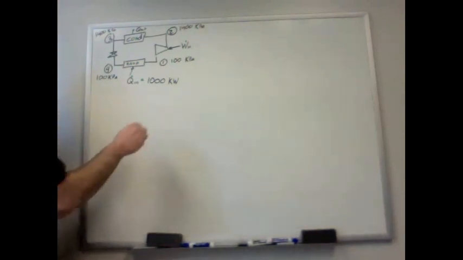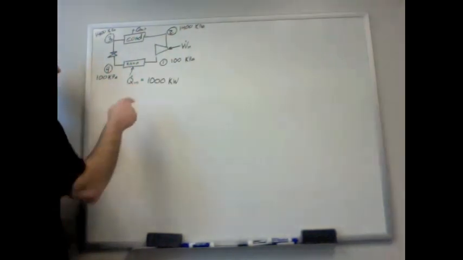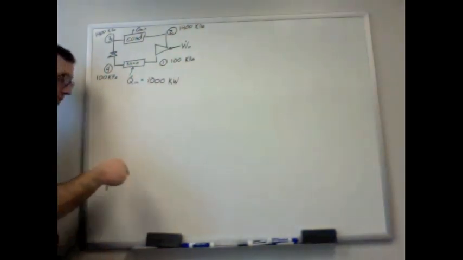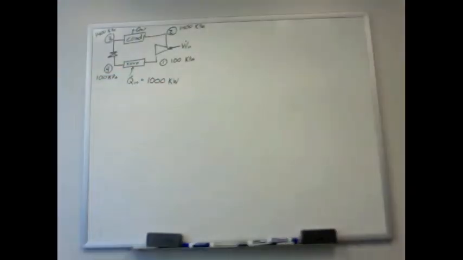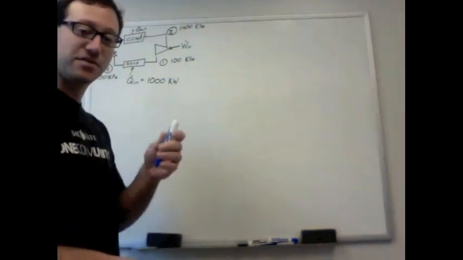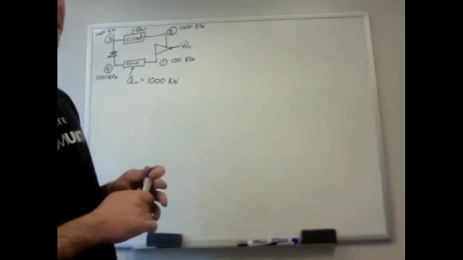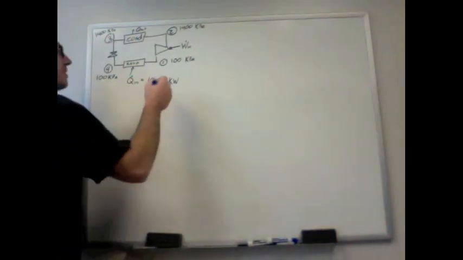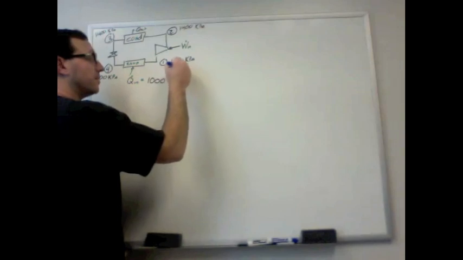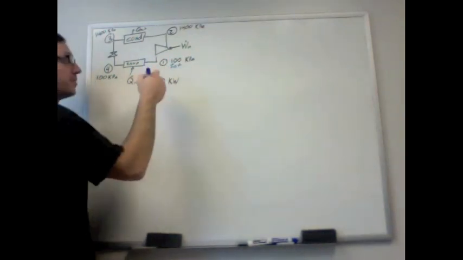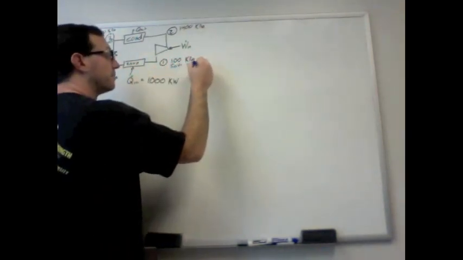So our first question, well, really the first question is, we need to find the state at all of these so that we can find the temperatures. What are all the temperatures at states 1, 2, 3, 4? So in blue, I'm going to write some of the standard assumptions that we need to make. This is an ideal cycle. We can assume that the fluid coming out of the evaporator is saturated vapor.